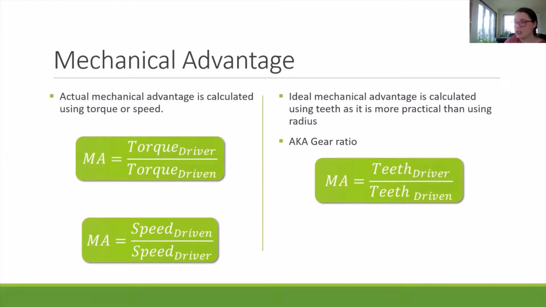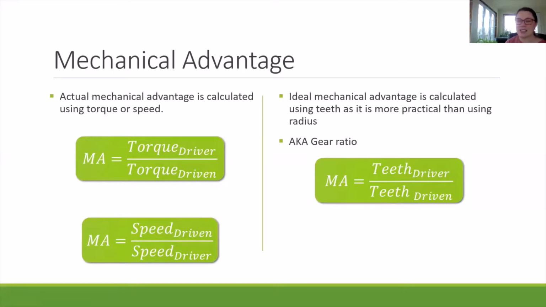Well, if gears slip, does that change the speed that they turn? Definitely. The number of teeth on a gear, is that going to change if there's friction or no friction? No, that number stays the same unless a tooth breaks. So that's why torque and speed get used for the actual mechanical advantage, and the ideal mechanical advantage is always calculated using the tooth ratio.